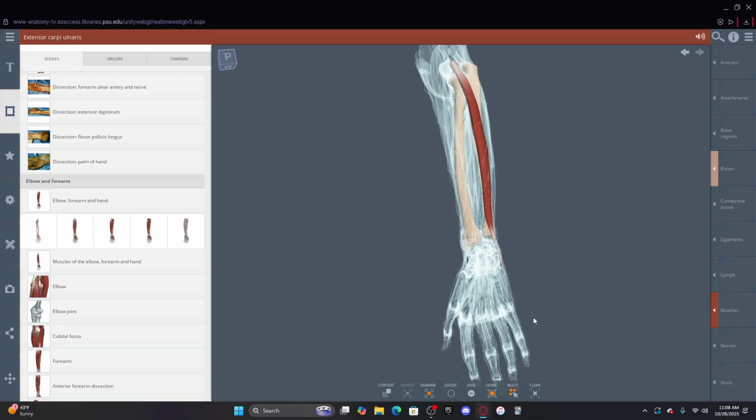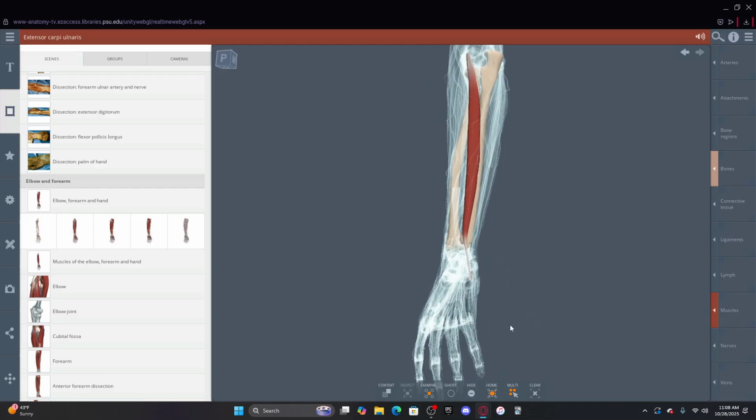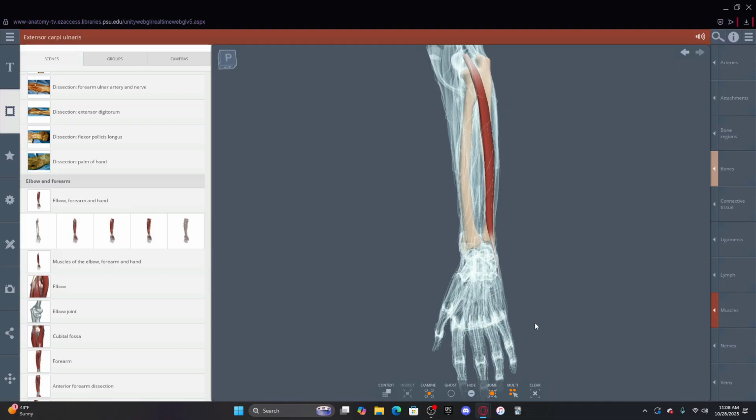We can see it inserting on the carpals. It goes from the forearm to the carpals, and it's going to be extending and adducting the wrist. So extending and adducting the wrist, extensor carpi ulnaris.